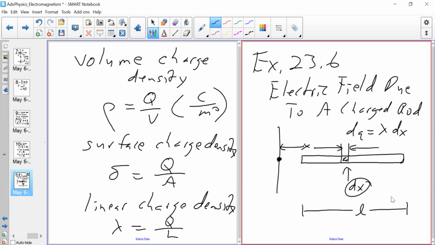because essentially we want to get the entire rod, how it throws out an electric field to point P, which is here. And point P, remember, it's like a proton. So this is positive and this is, quote, positive. And so the electric field would be to the left, as if it were repelling another positive charge.